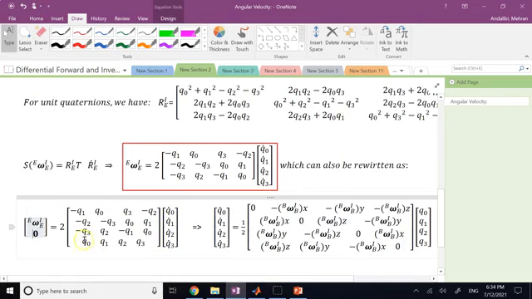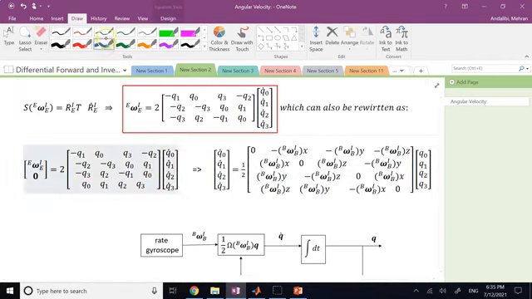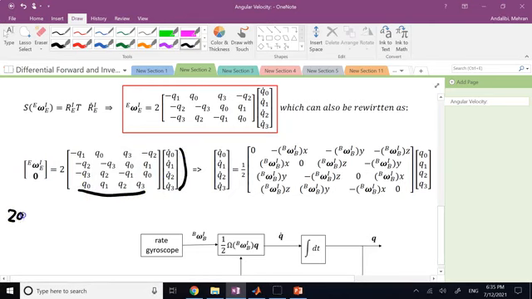Why is it? Just take a look. If I multiply the last row of this matrix by this column vector, what is the result? It is going to be 2q0 q0 dot plus 2q1 q1 dot plus 2q2 q2 dot plus 2q3 q3 dot.